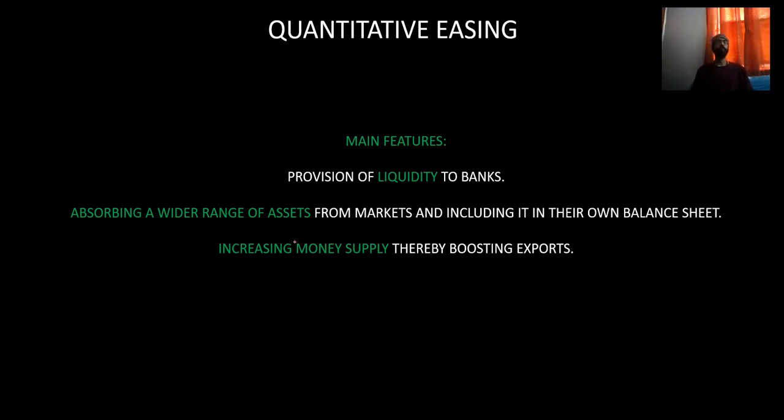So friends, post this 2008 financial crisis, a new term emerged. In fact, it became a little more popular during this time. It is called quantitative easing. Now we need to understand what quantitative easing basically means. So what happened in 2008?